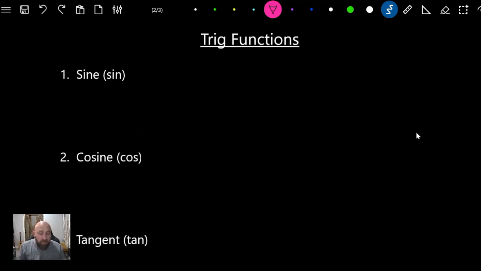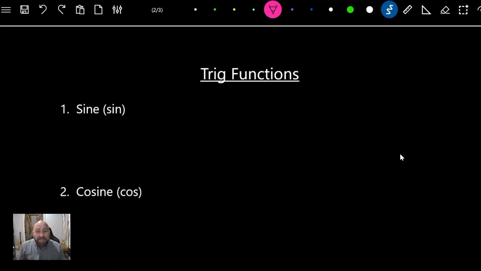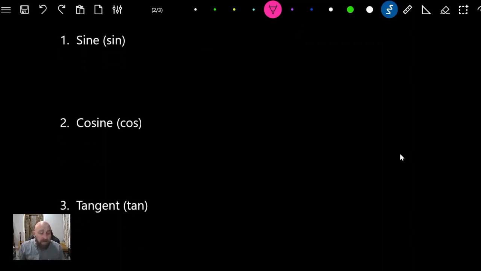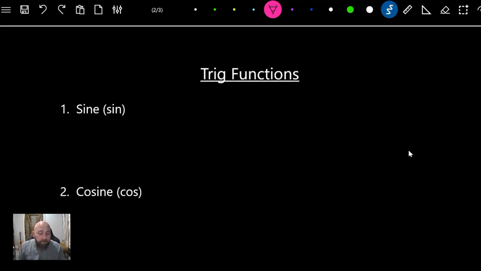So sine, cosine, and tangent. There are actually more functions, but these are the three most common. These are the three that we're going to start with. Once you get into Algebra 2 and trigonometry, you'll learn even more functions.